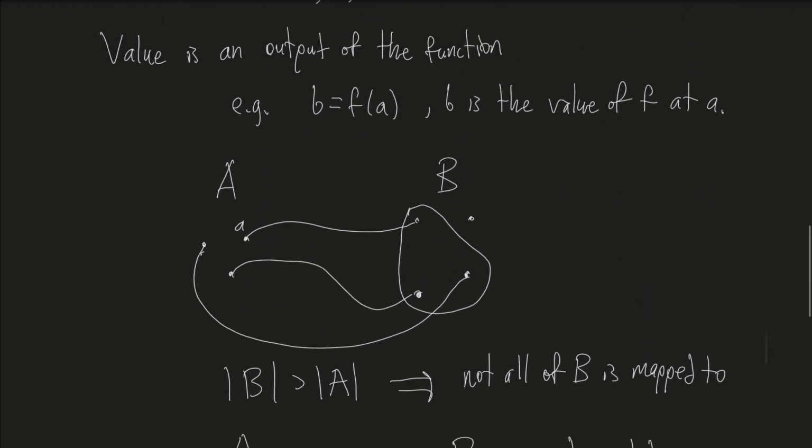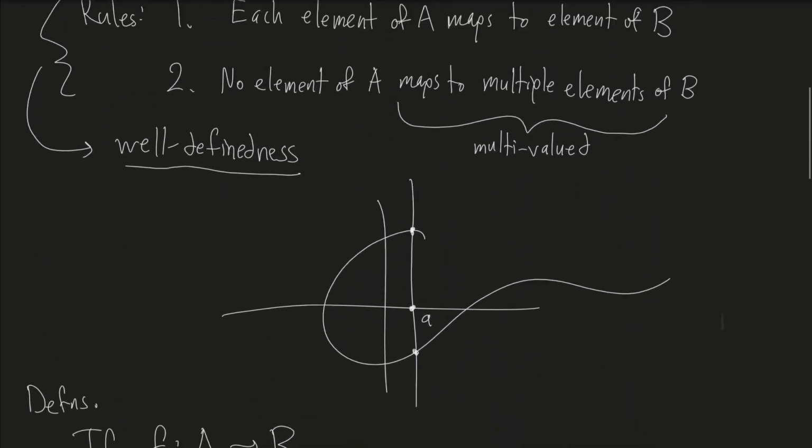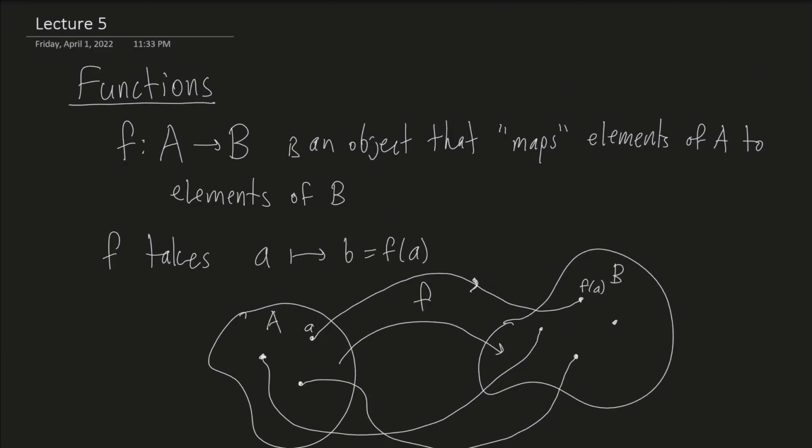Okay? Now I want to emphasize that this is an abstract idea of what a function is. You're very used to this idea of functions being graphs, right? And it's all about y equals f of x, and you have these curves in a graph, and they correspond to these real numbers, right? But functions are not really about that.